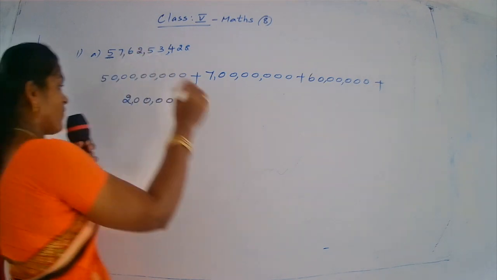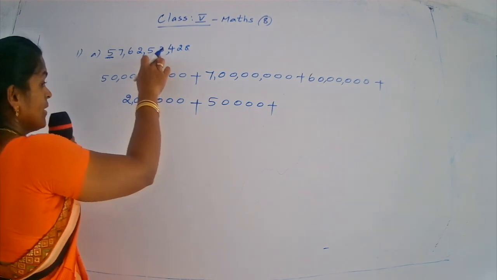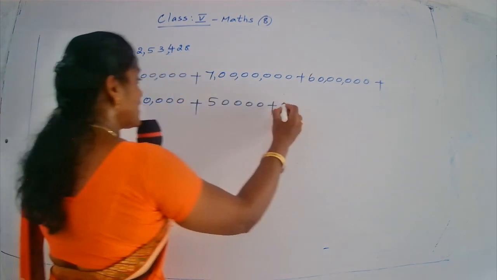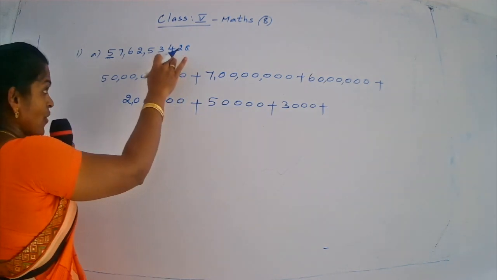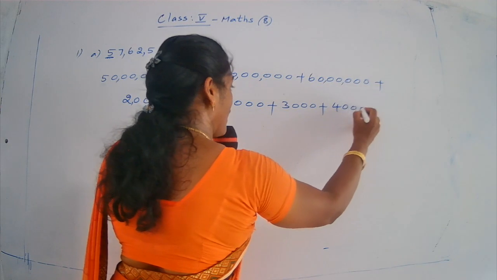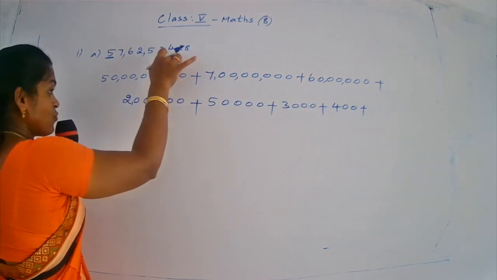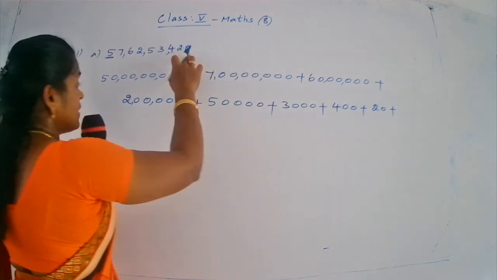The place value of 5 is 50,000, plus the place value of 3, which is 3,000, plus the place value of 4, which is 4 into 100, 400, plus the place value of 2, which is 2 tens, that's 20, plus 8 ones.